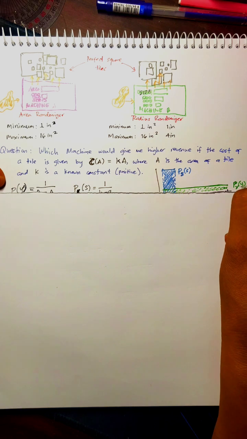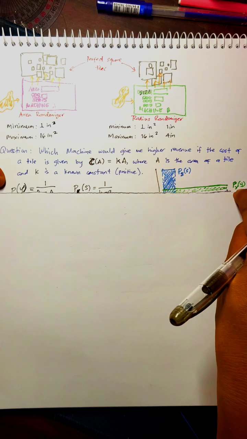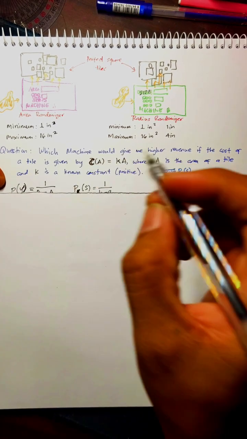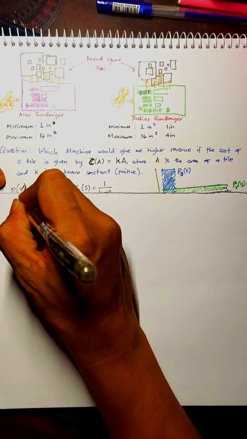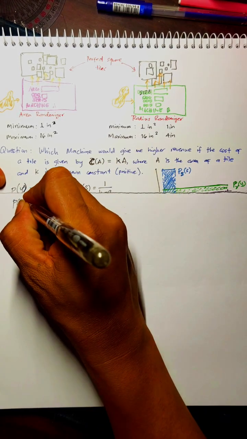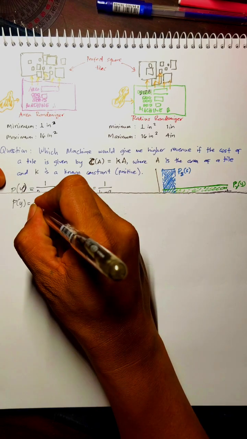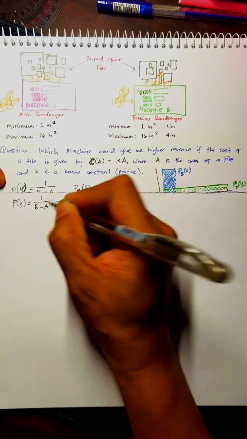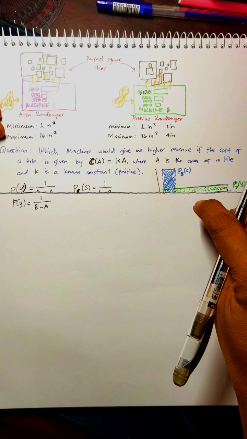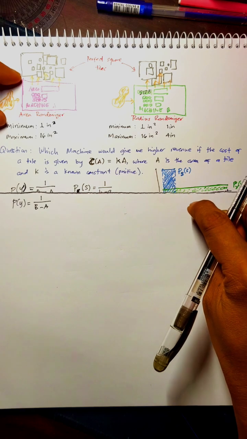The density function of this one, P of Y, would be equal to 1 over the maximum minus the minimum, because this is uniformly distributed.